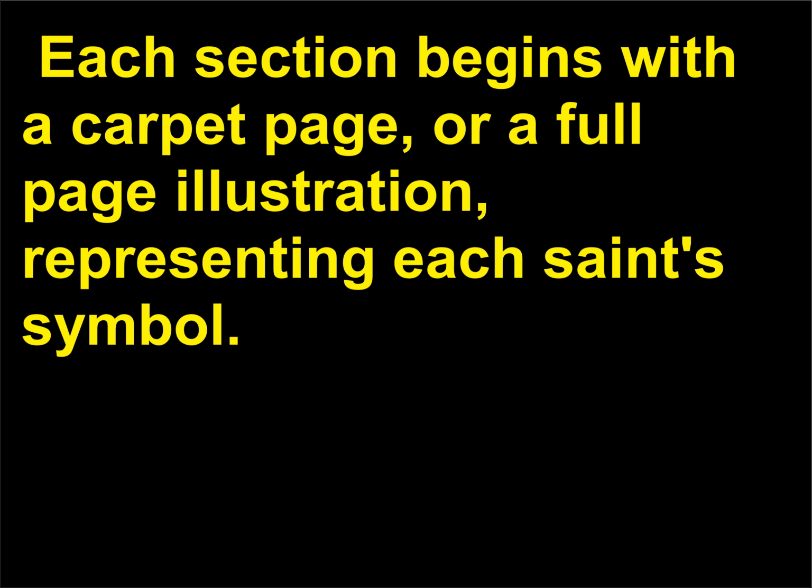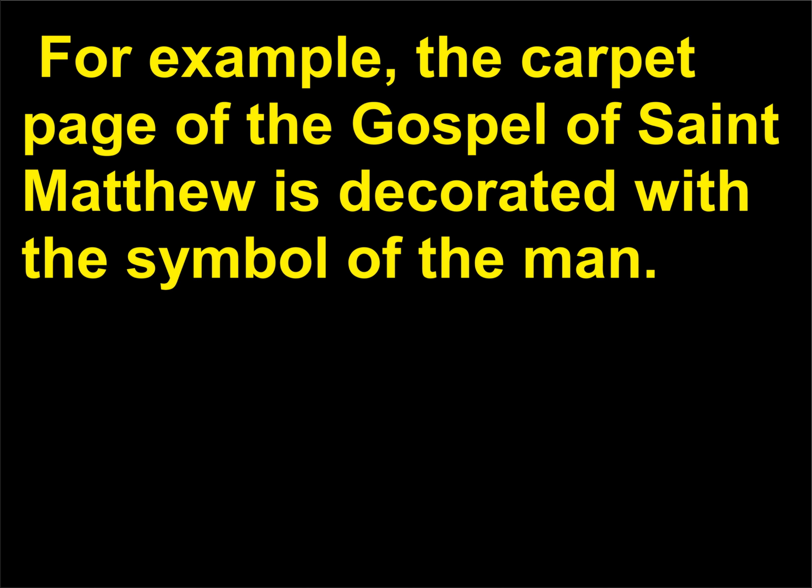Each section begins with a carpet page, or a full-page illustration, representing each saint's symbol. For example, the carpet page of the Gospel of Saint Matthew is decorated with the symbol of the man.